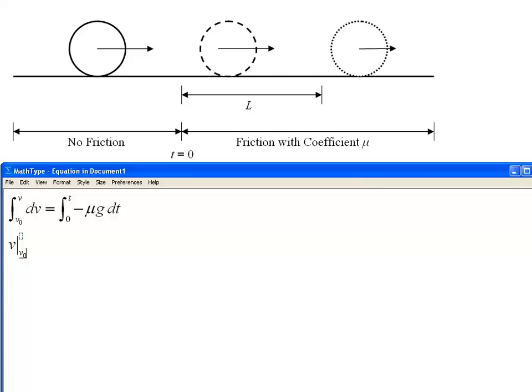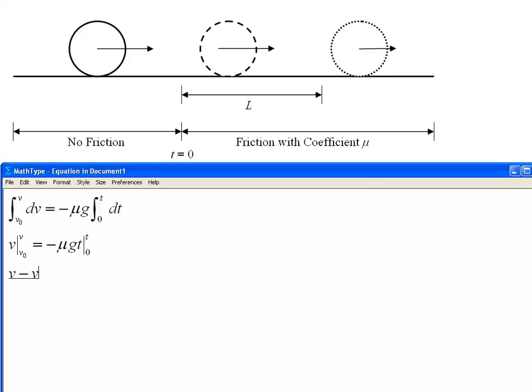Integrating gives us v from v0 to final velocity, and integrating the other side, the negative mu g can be pulled out of the integral. They're constants. So I'll have negative mu g times t from 0 to our final t.